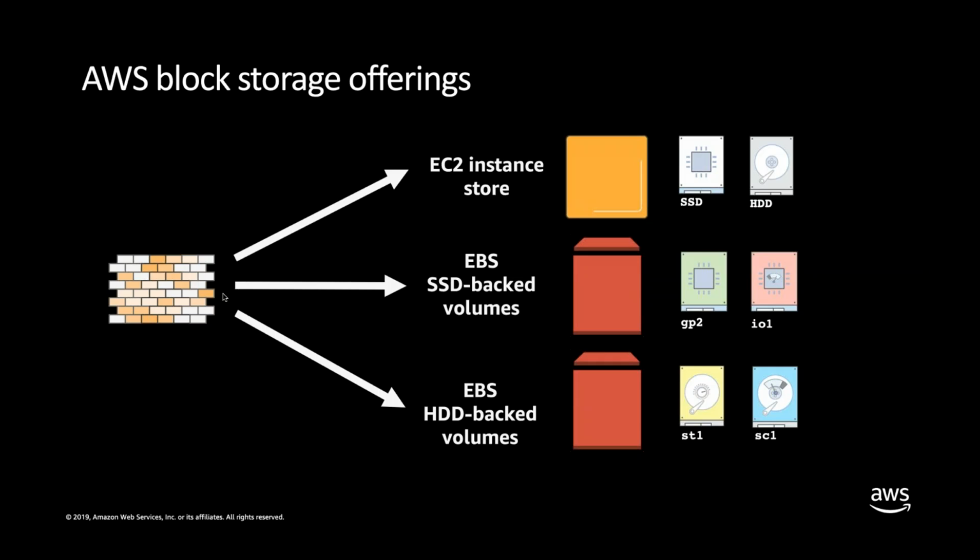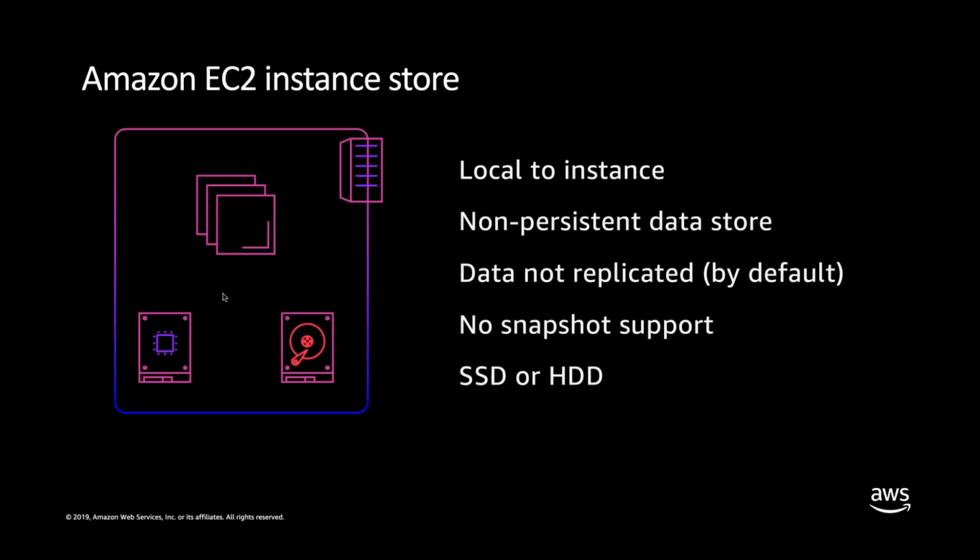What do I mean by EC2 instance store? It's local to the instance, meaning if your EC2 instance is running on physical server 1, it has a disk, and that disk becomes the EC2 instance store.